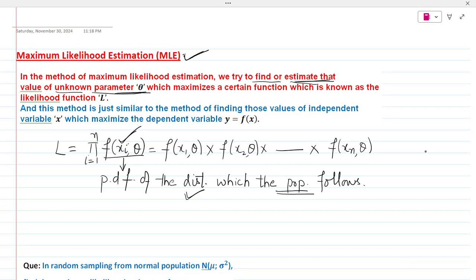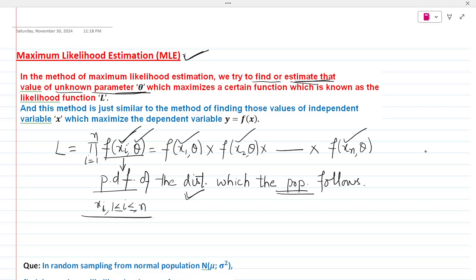These xi's represent our sample observations, small x1, x2, going on up to xn, with i from 1 to n. And theta is the unknown parameter of the population.